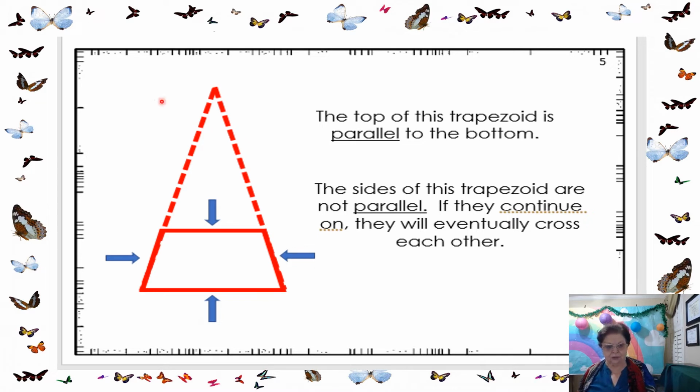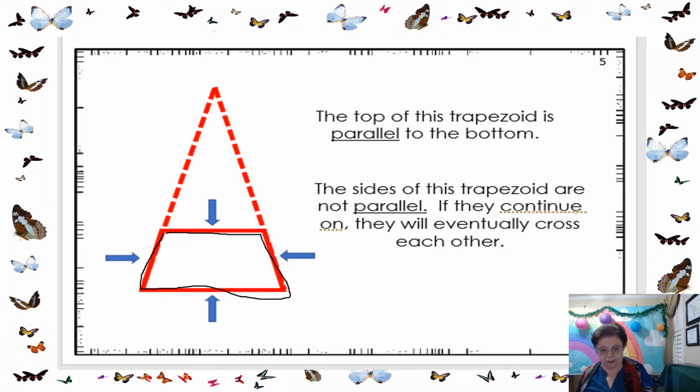Here's a trapezoid, the one that's in solid red, not the dots. The part that is solid red makes a trapezoid. Right here. You see that? Now, a trapezoid has two parallel lines.